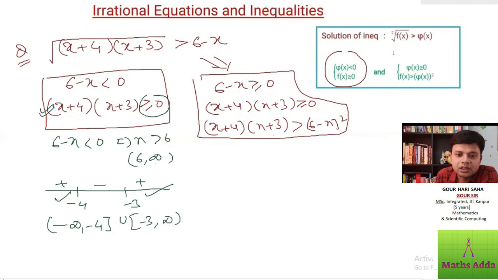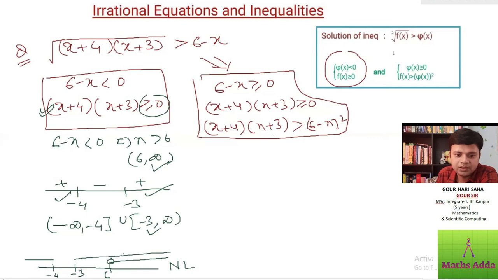Now take the intersection of this and this number line. 6 to infinity with a bubble mark. This is minus 3, minus 4. It says less than minus 4, more than minus 3. I see this is common. So it is 6 to infinity, 6 open, infinity open, right? So this is the answer from the first part.